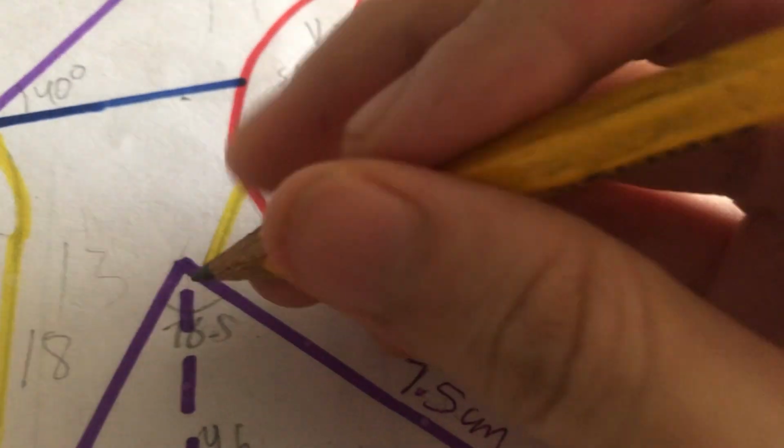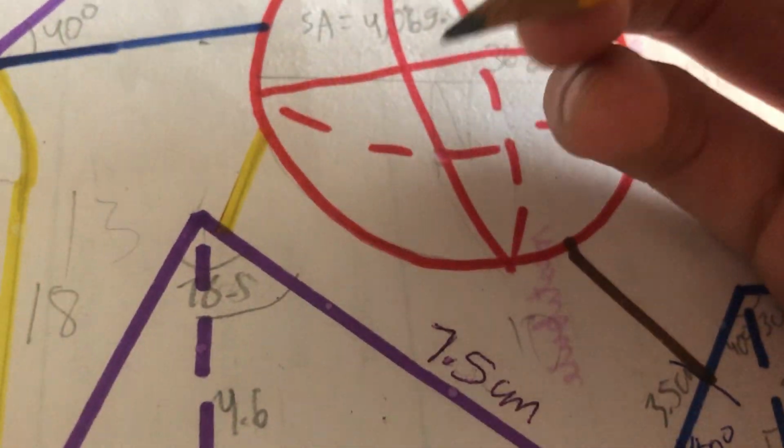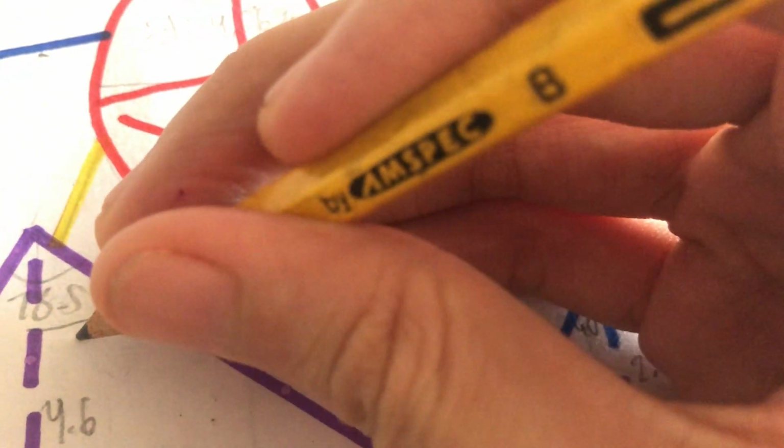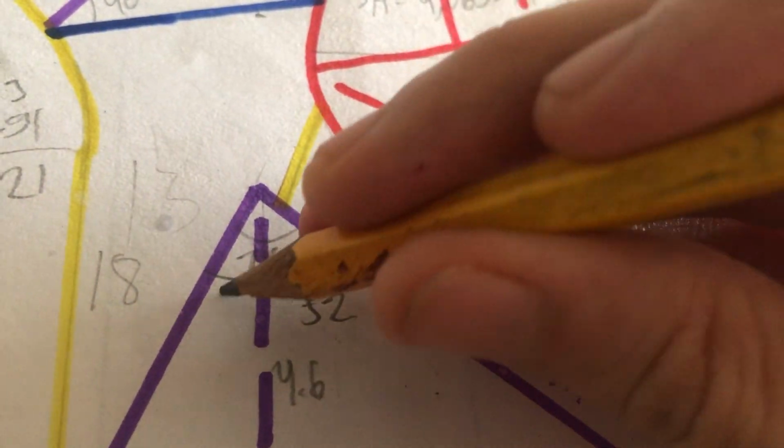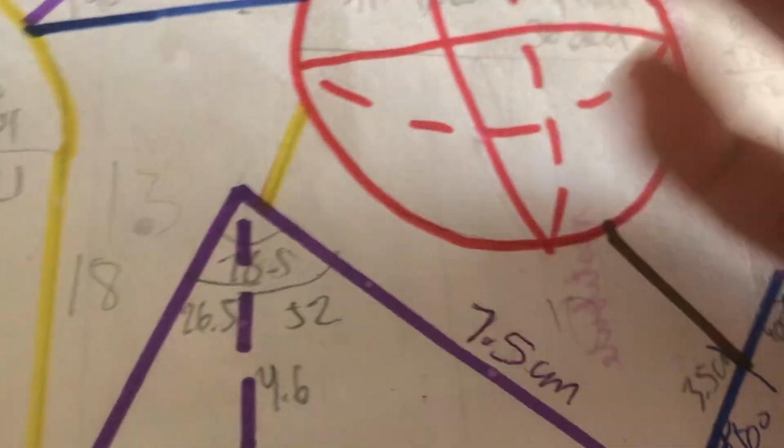And remember just what I said? This angle that you see here is 38. So 90 minus 38, this is 52. Now we need to subtract if we want to get the remnant one, which is 26.5.